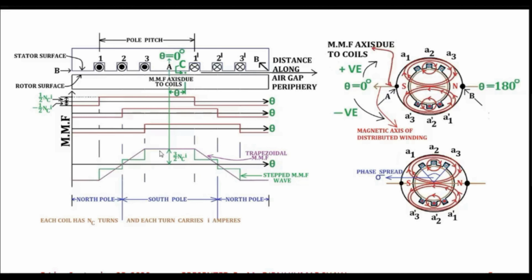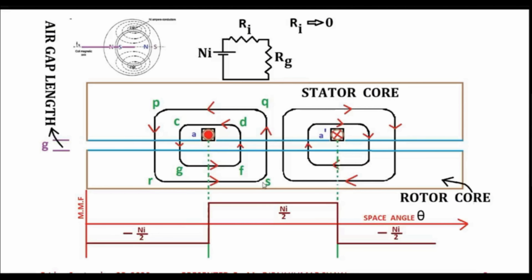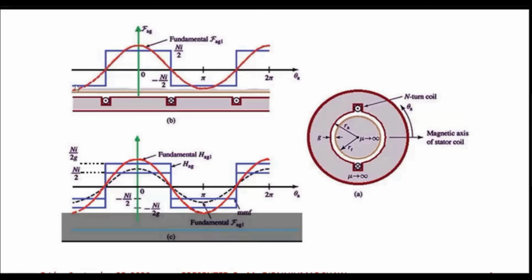So what is the basic merit or advantage for this kind of arrangement? You see, this trapezoidal MMF wave is much nearer to the sinusoidal wave compared to the rectangular MMF wave. This is your rectangular MMF wave. So if you compare this rectangular MMF wave with a sinusoidal wave, you see that they are very much different.